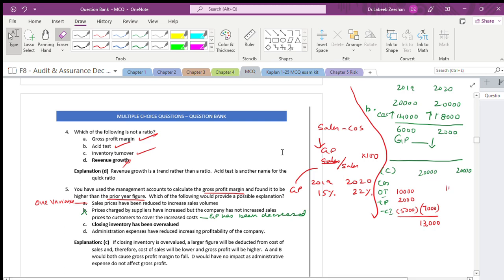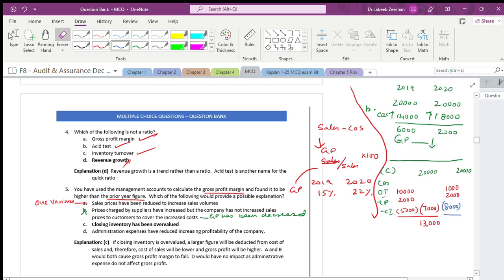The closing inventory has been overvalued. Assume in the second option, opening inventory is 10,000, purchases 2,000, and instead of 5,000, the closing inventory is 8,000, overstated, overvalued.